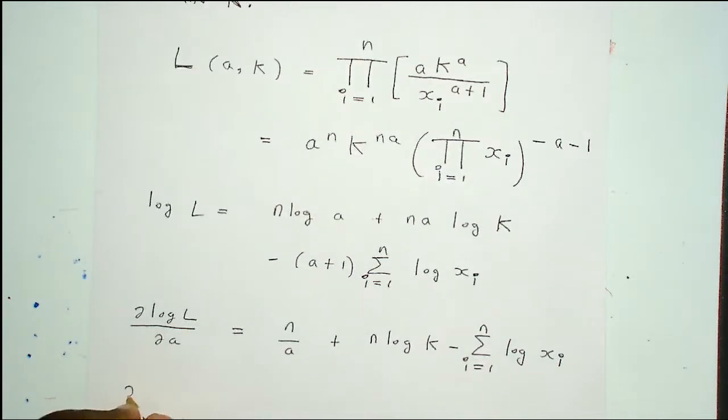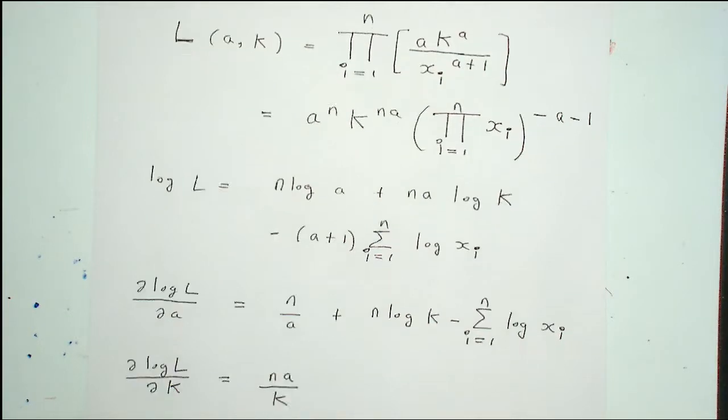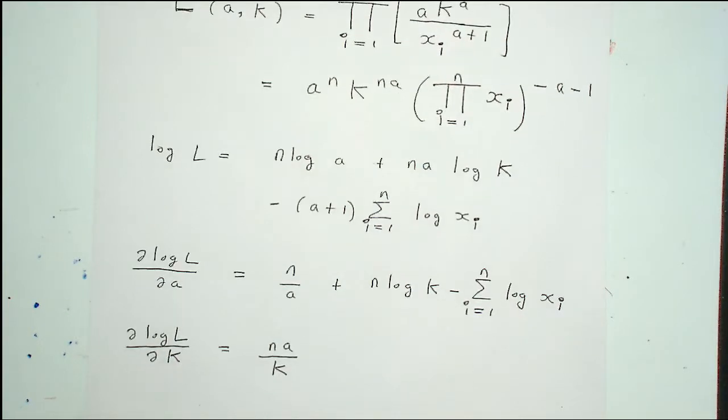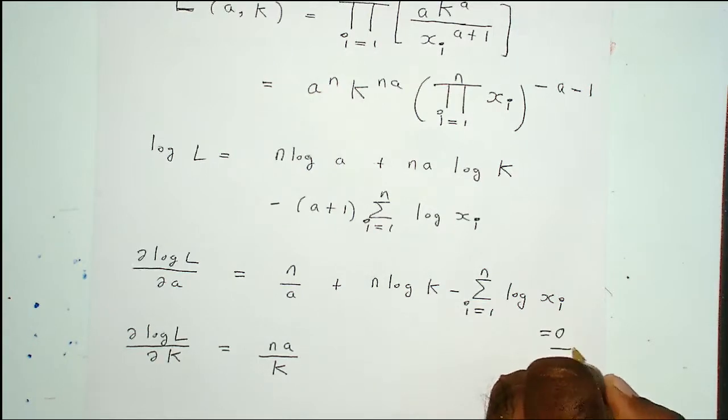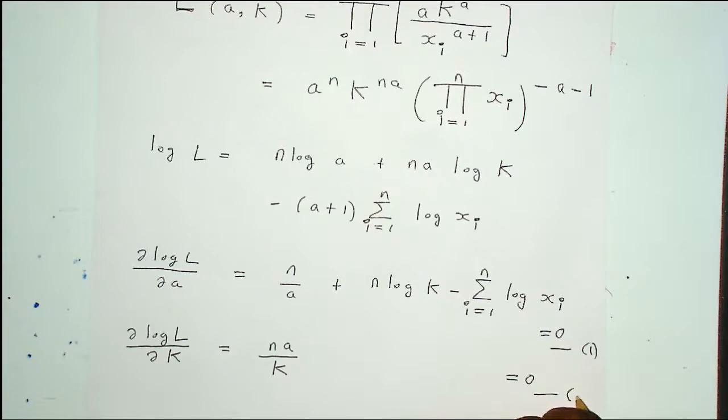And the partial derivative with respect to K. So these are the two partial derivatives. Set these to 0, call this 1, call this 2.